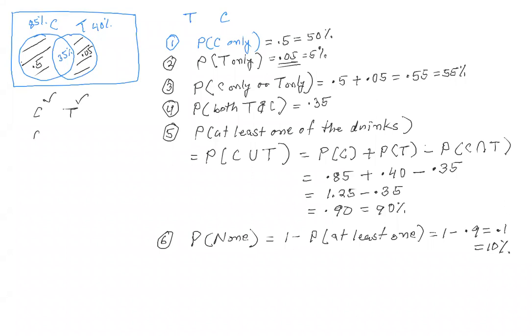You can drink coffee, but you don't drink tea. Let's denote it by T prime. Or you could not drink coffee, C prime, but drink tea. Or you could drink not coffee, not tea. That means you drink neither. These are the things that could happen. So in this scenario, your sample space is going to be this, basically.